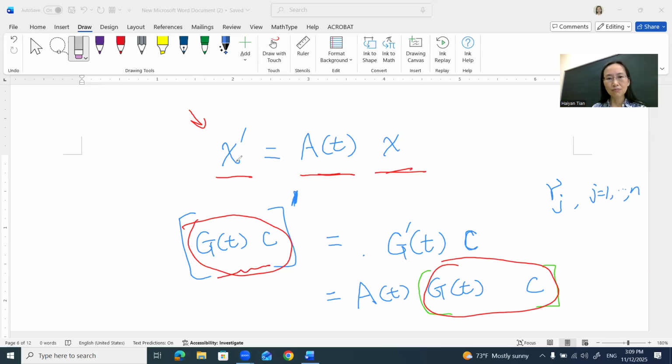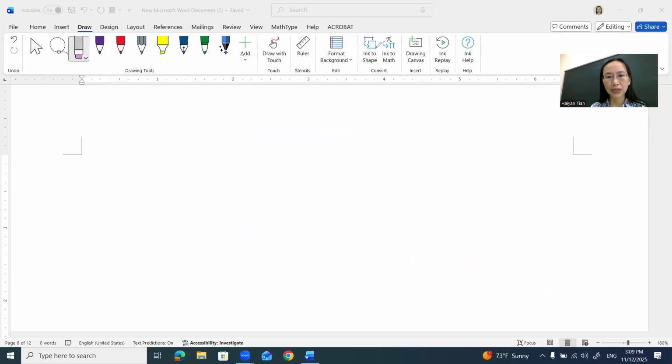That is just a quick way to verify that and to recognize that whenever you have the fundamental matrix, and this matrix times a vector, it's just the linear combination of these columns.